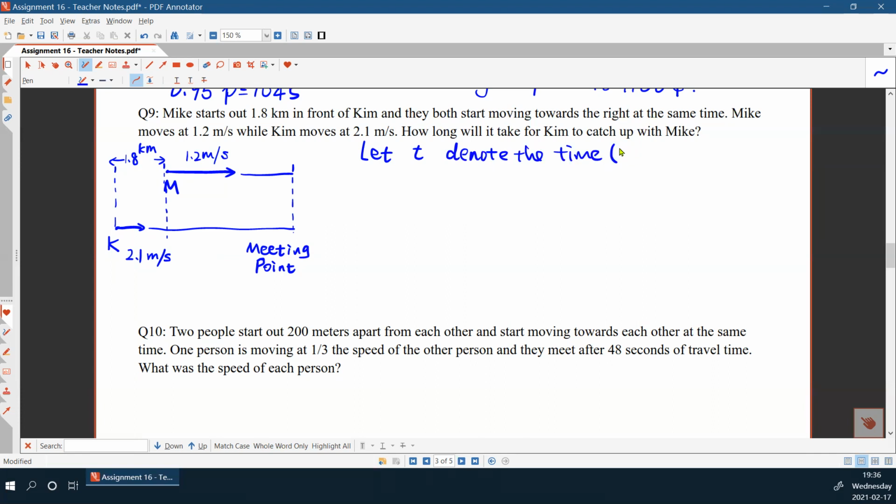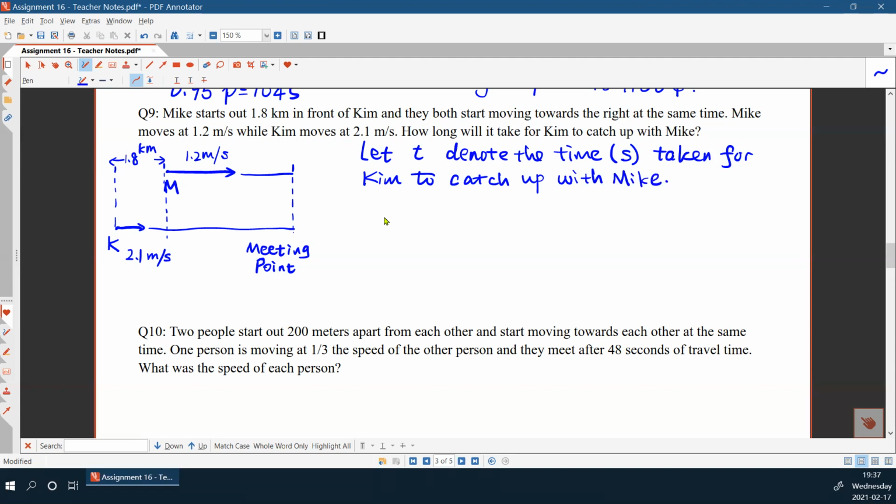We use seconds here because all the speeds are in meters per second. Let T denote the time taken for Kim to catch up with Mike.